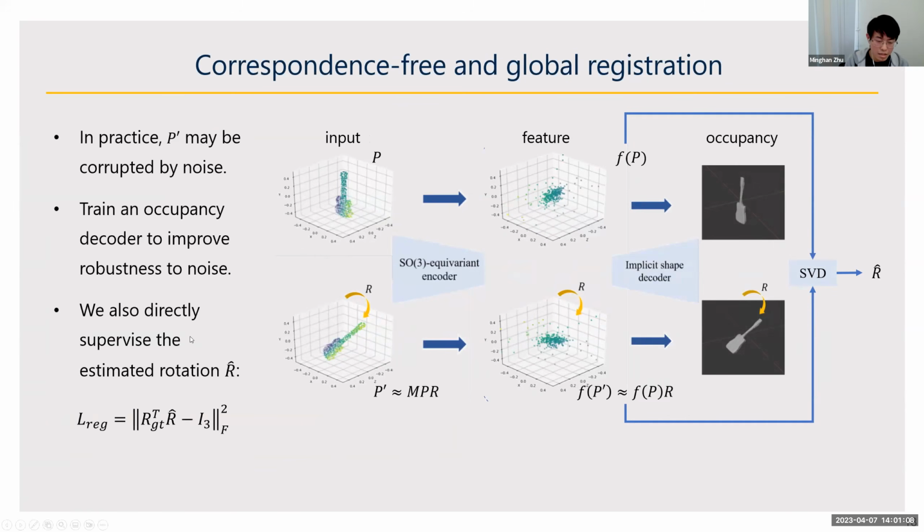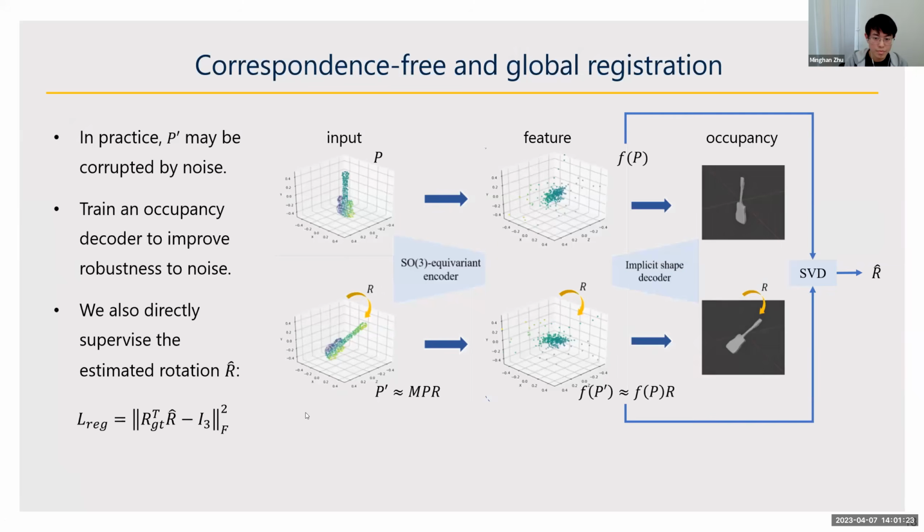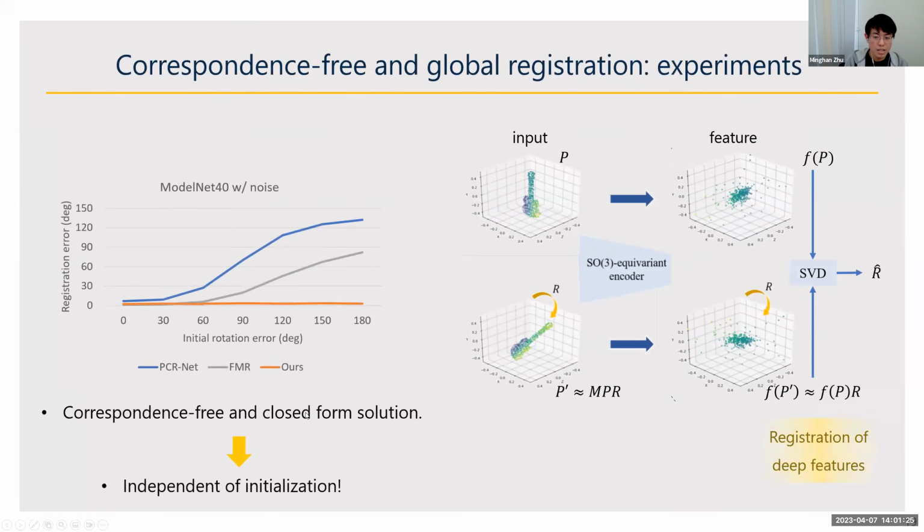And we also apply a loss on the estimated rotation from SVD to encourage the network to find the rotation that corresponds to the ground truth rotation that we want between the two point clouds. And with such a strategy, because it is correspondence free, and SVD provides a closed form solution, we can conduct a point cloud registration that is independent of the initialization error.